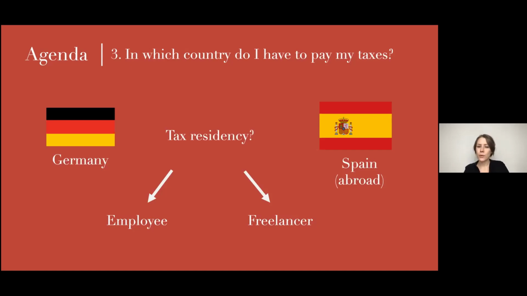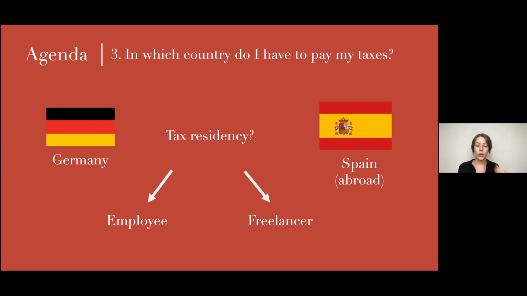Starting from our use case, that you were working in Germany for a German firm, you would have to ask yourself how long you will be considered a tax resident in Germany according to German tax law. And what does tax residency mean? Tax residency means in which country you have your place of residence or your habitual abode.